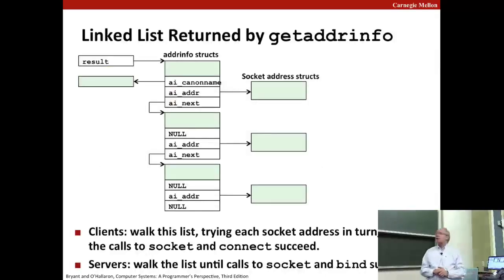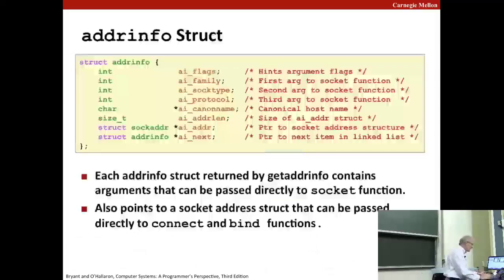So as I mentioned, it returns a linked list. That result is a linked list of these addrinfo structs. And the addrinfo struct has a zillion fields, some of which you'll use and some of which you won't. This is, for example, when you're passing in hints.